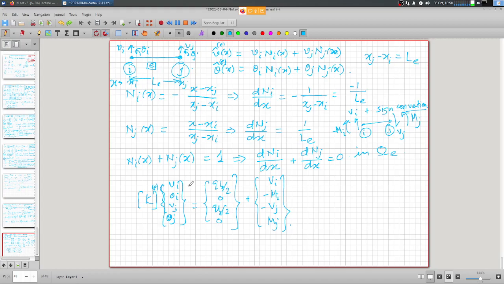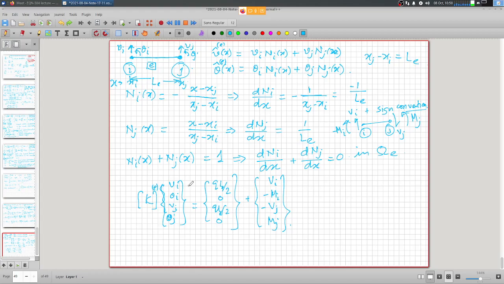Right? So that's the element level equation, and once you solve for that, all set. You assemble in the normal course, impose the boundary conditions, and solve for the unknowns.